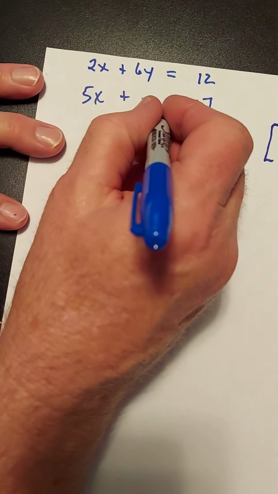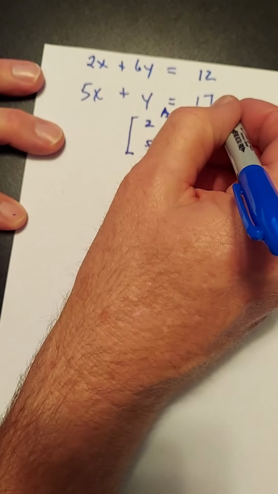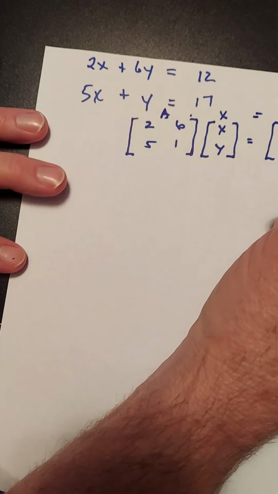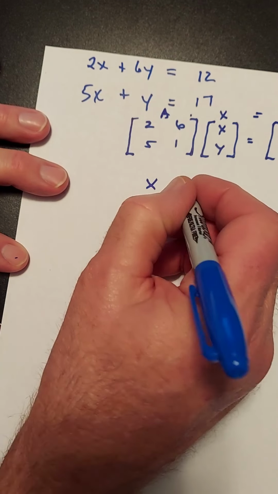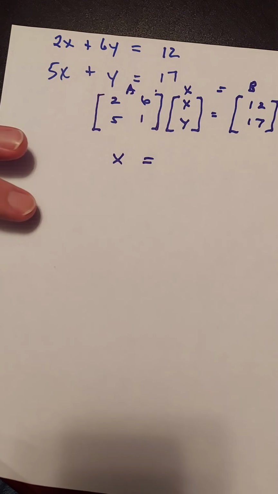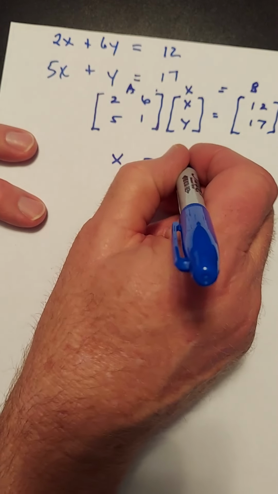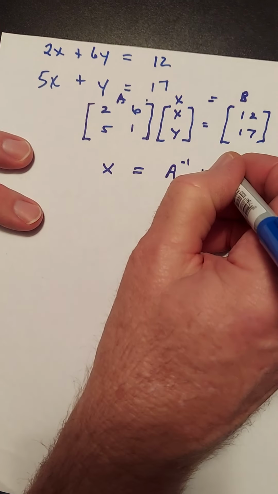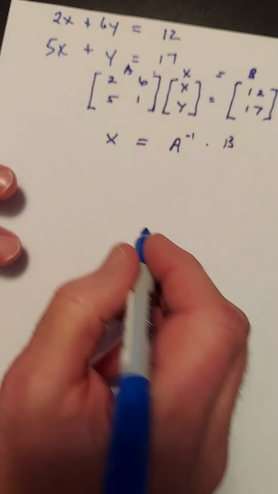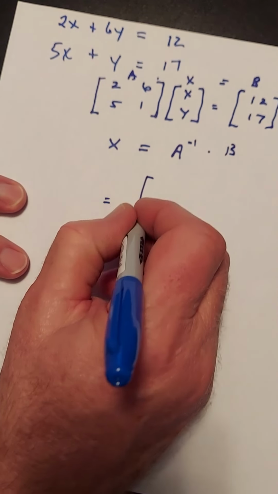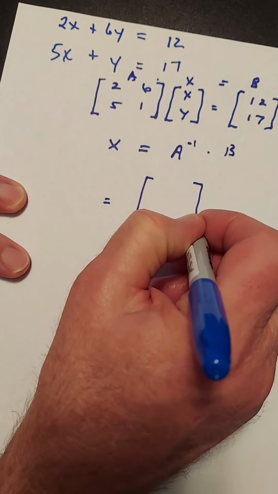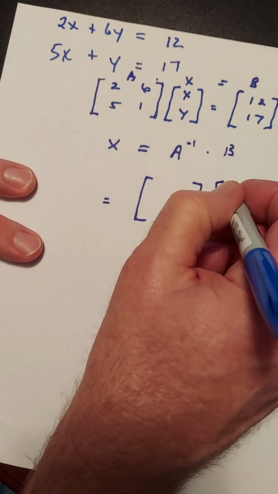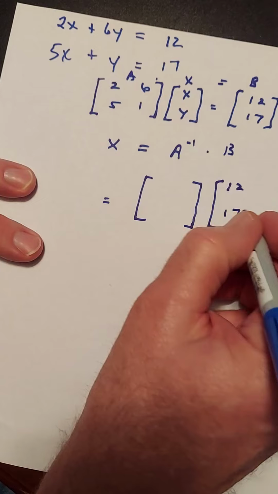Okay, so this is like A times X equals some matrix B. So if I want to find the variables, all I have to do is figure out what the inverse of A is and then multiply it times B. So there's the inverse. This is the easy part. I got 12 and I got 17.